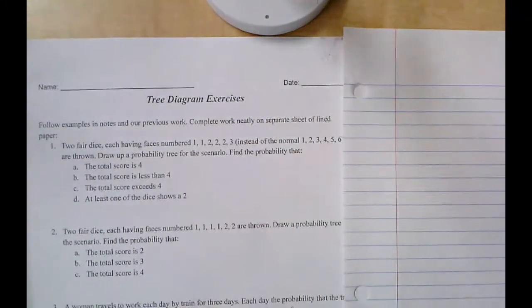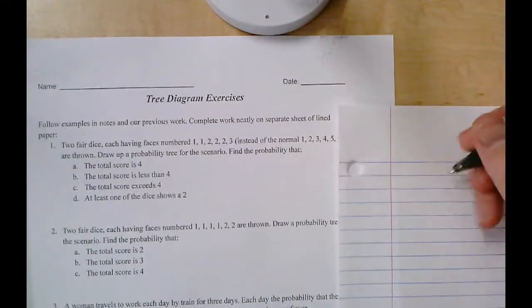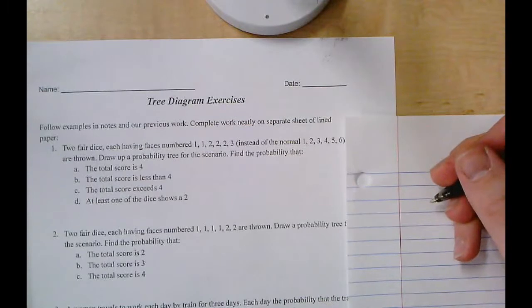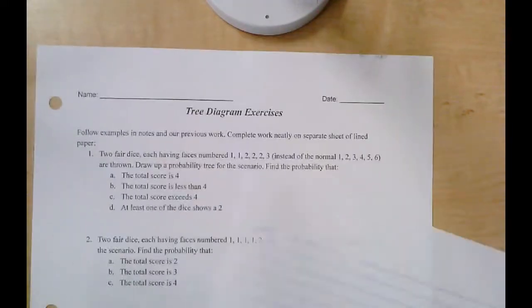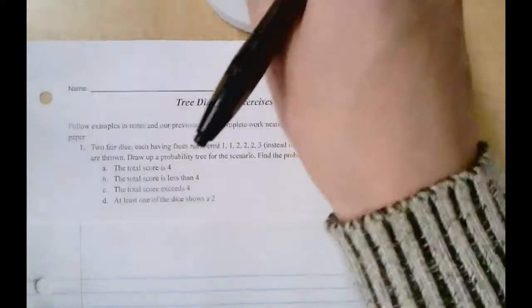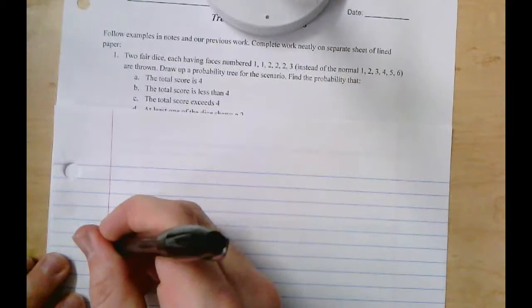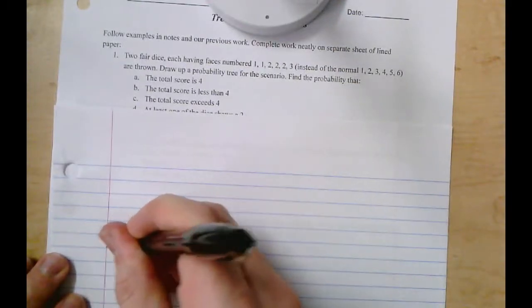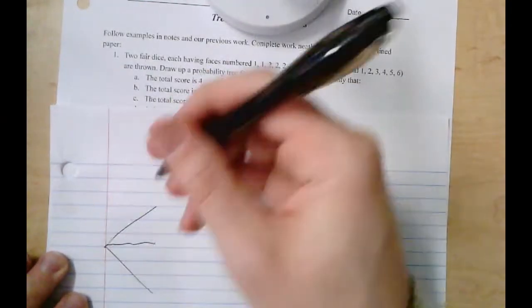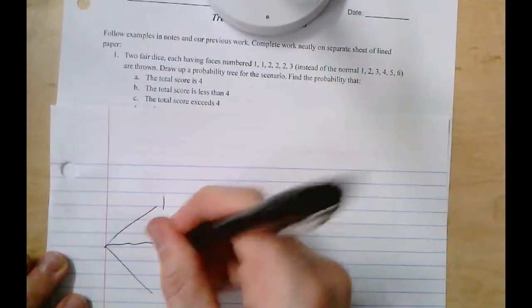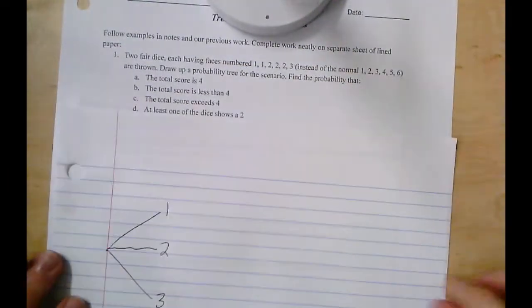So in our first toss, we have 3 options. It's going to land on 1, 2, or 3. So I'm going to branch off here in 3 options, 1, 2, or 3. You could either get a 1, a 2, or a 3.